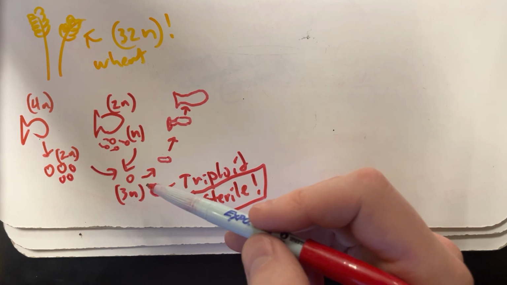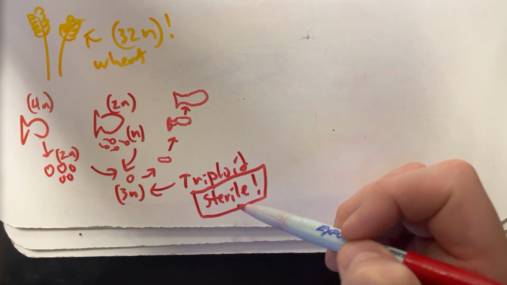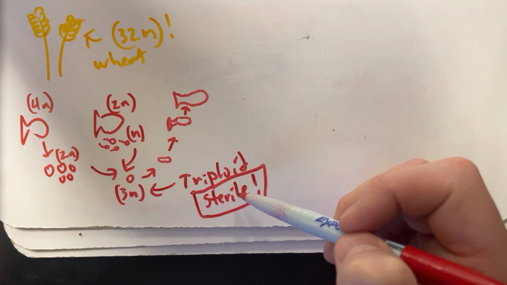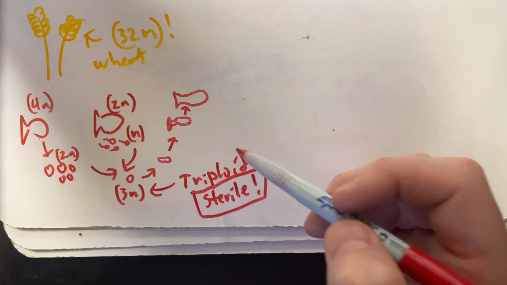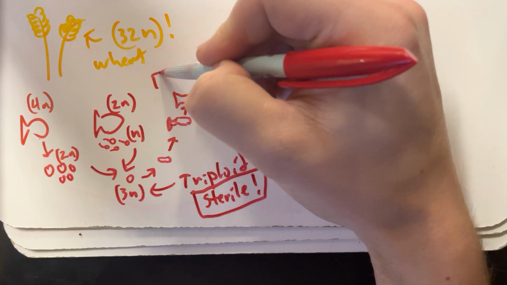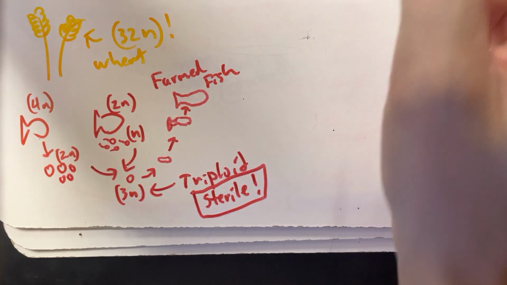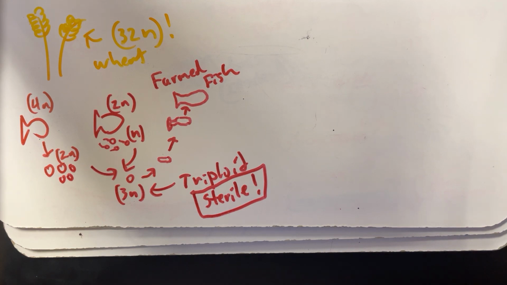Well, they're triploid fish. They are literally incapable of breeding with the quote unquote natural populations. So that's a good example of humans using polyploidy to our advantage.